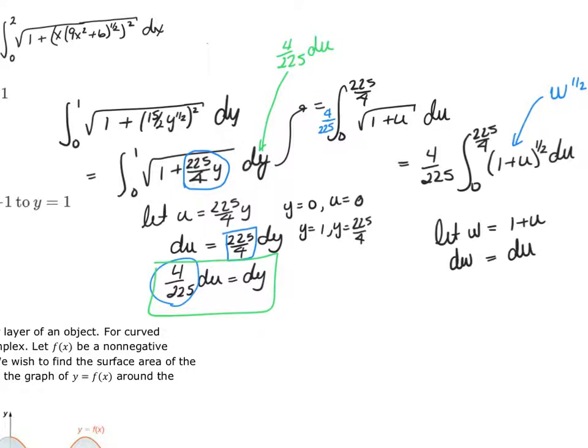So when I did the u substitution, I had to adjust for that 4 over 225, because it's not here, so I adjust for it with my u substitution, and I put it out front. Now I could have put it here, but it's just a multiplier, so I put it out front. Does that help? Where that 4 over 225 came from.